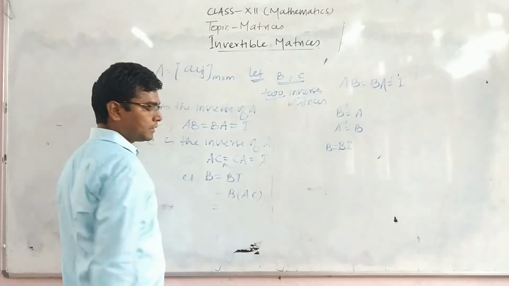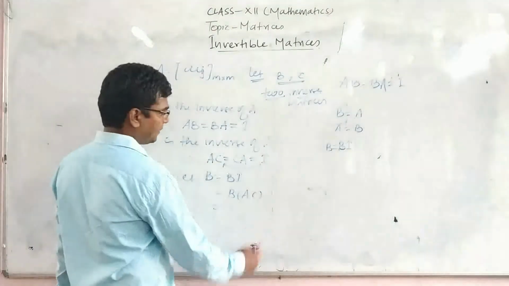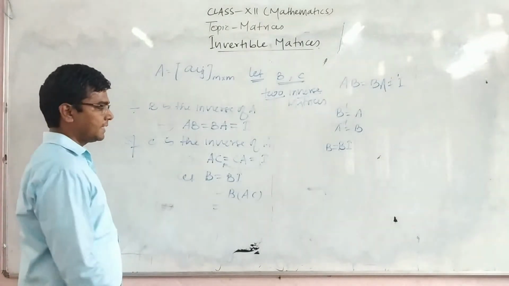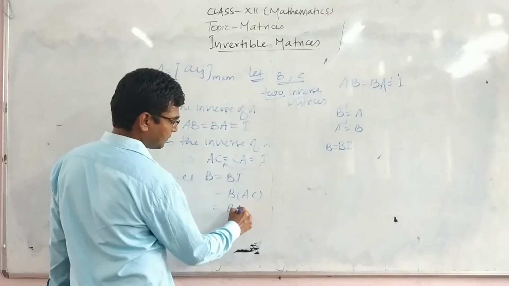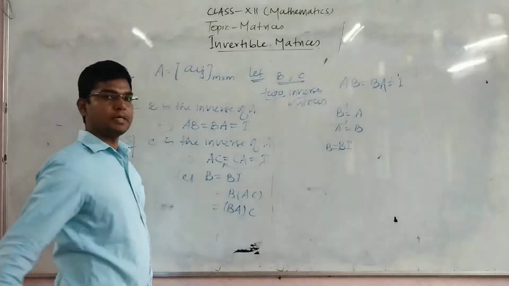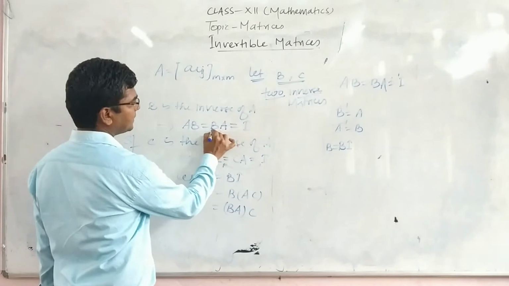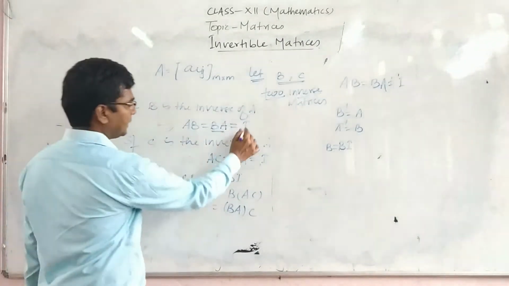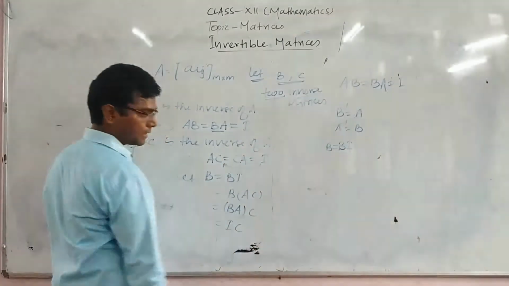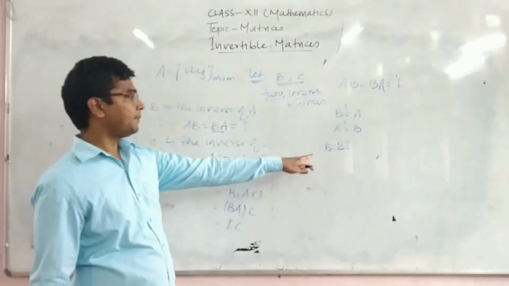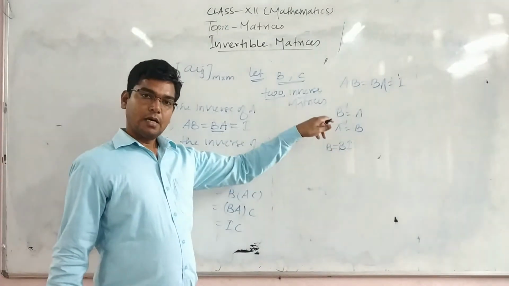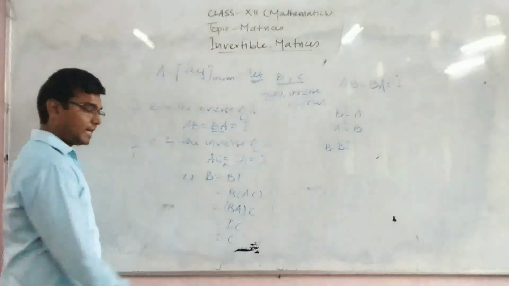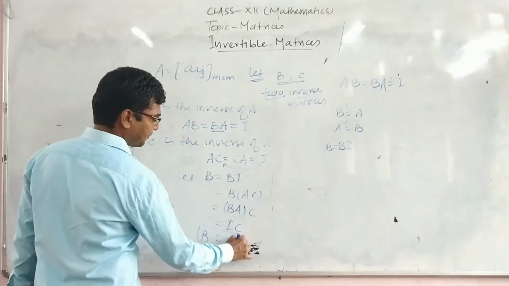Now matrix multiplication is associative, both sides of equality are defined. So you can write like this, BA and C. Yes or no? Now from here you can see that B into A matrix is nothing but the identity matrix. And we know that if you multiply any matrix with the identity matrix, we are going to get the same matrix, right? It means B is equal to C.